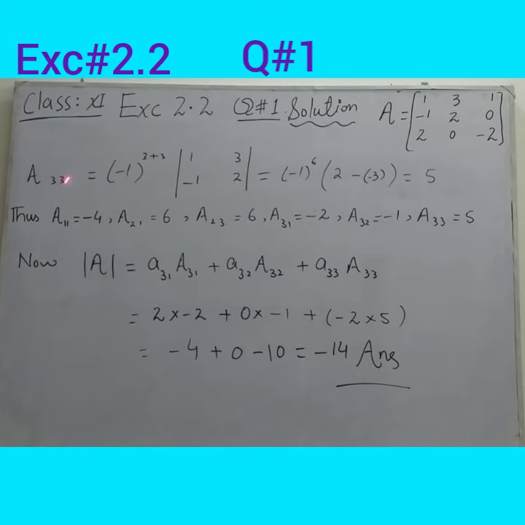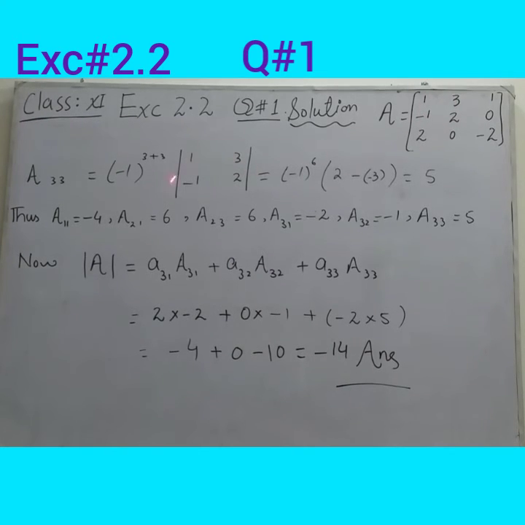Now the last cofactor A33 is equal to minus 1 raised to power 3 plus 3 into the determinant of, here A33 is on this position. So ignoring the row and column with the A33 element, we have 1 3, minus 1 2 determinant.